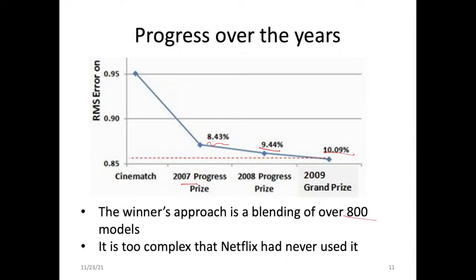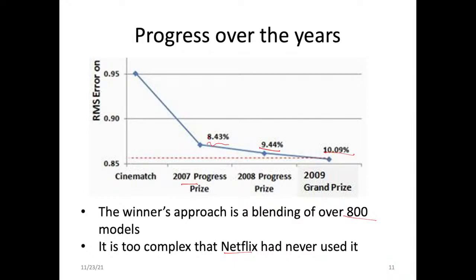Netflix said that they never really used the winner's approach, perhaps because it's too complex. Or perhaps after 3 years, correctly predicting users' taste was perhaps not their first priority. As I said, after 3 years, perhaps they moved on to streaming services.